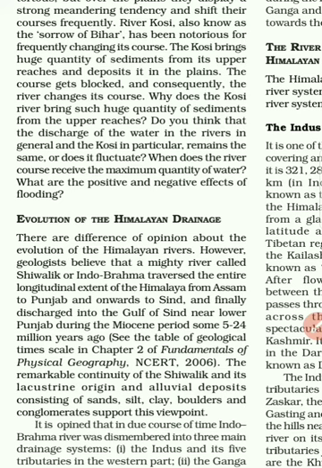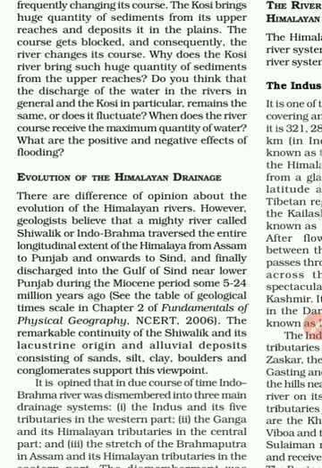Why does Kosi bring such a huge quantity of sediment from the upper reaches? Do you think that the discharge of water in the river in general and Kosi in particular remains the same, or does it fluctuate? When does the river course receive the maximum quantity of water? What are the positive and negative effects of flooding?